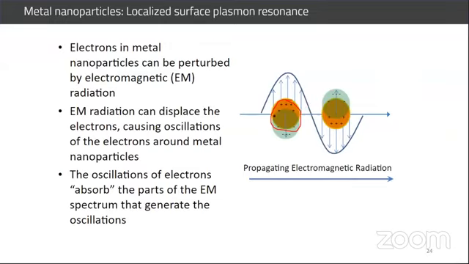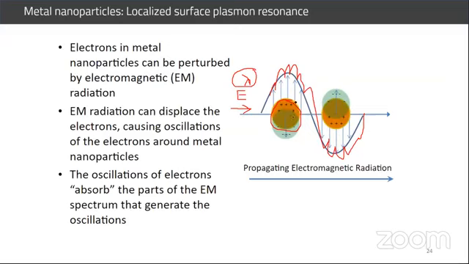So when you have a nanosphere made of nano gold, and you send light, an electromagnetic wave which has a certain wavelength lambda, these are electromagnetic oscillations, right? So this is oscillating, going up and down like this.